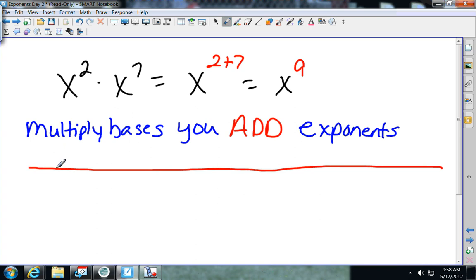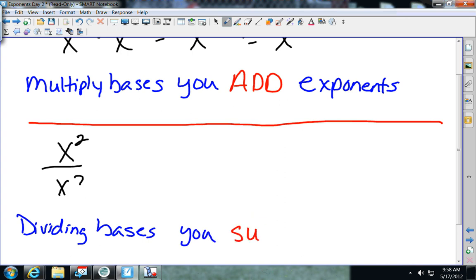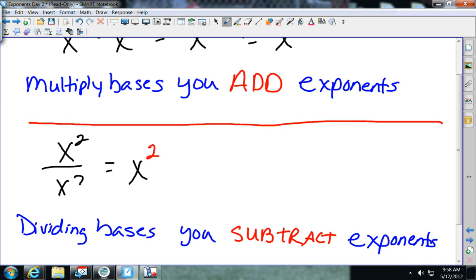When I am dividing bases, you subtract the exponents. So in this problem, I would have x, 2 minus 7, which gives me x to the negative 5.